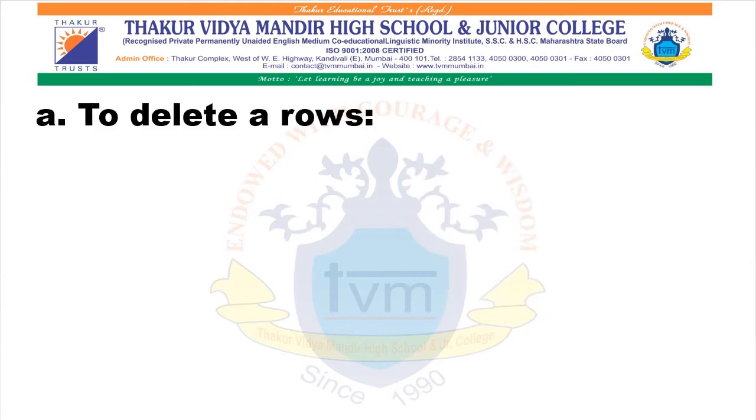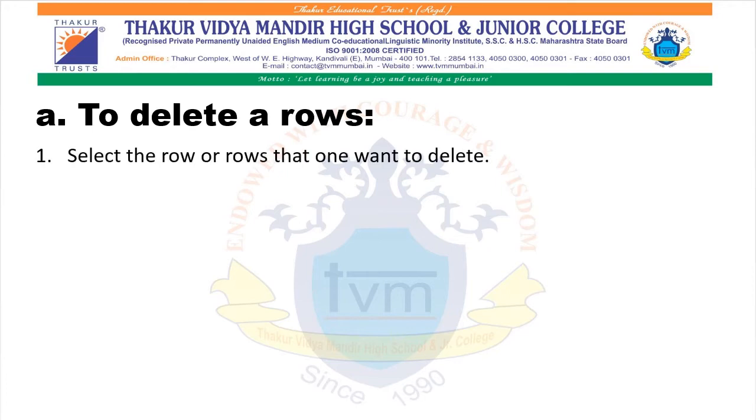We may have entered some data that is no longer valid and is not required. So we can delete the row containing that data. We can delete a row by following these steps. First, we need to select the row or rows that we want to delete.